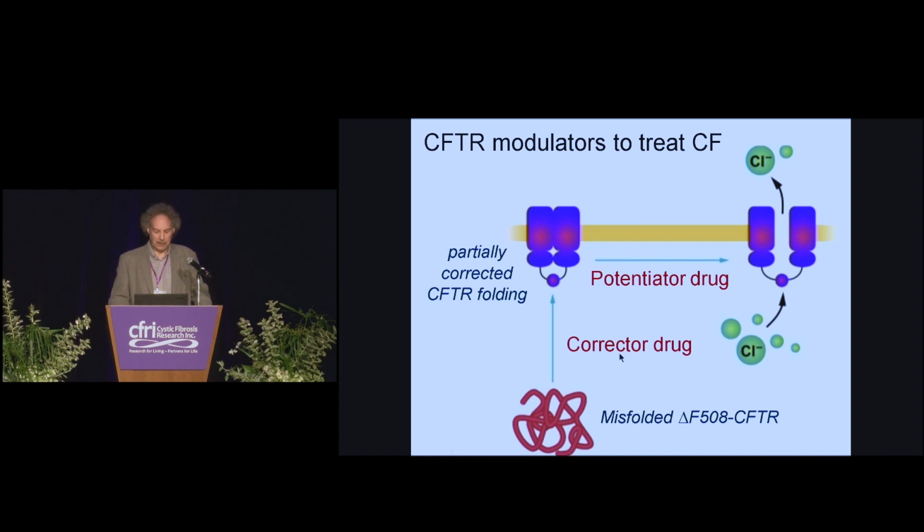And what it's meant to mean is specifically for the delta F508, this protein is misfolded and very little is made. It's rapidly degraded. A corrector drug helps the protein get to the membrane, but it's still not perfect. It's still not open. A potentiator drug then opens the channel.